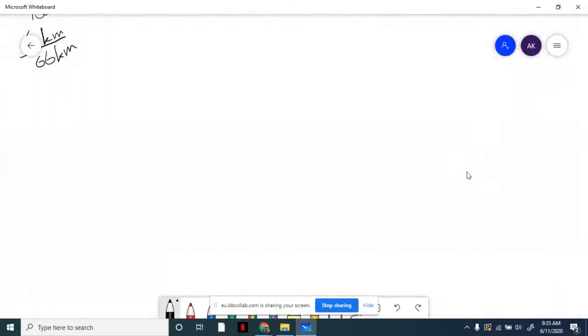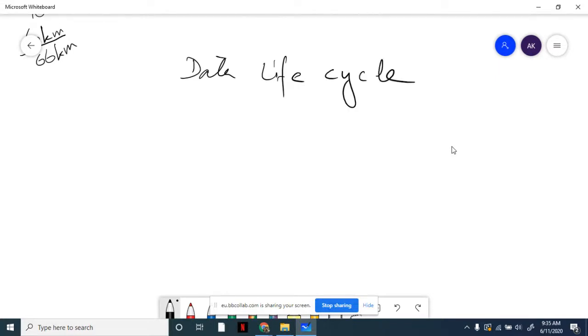So now what we have to see. पहले हम एक चीज देखते हैं, then we come back to data. Now we have to see the data life cycle. There is one thing which is called data life cycle. It means it's a cycle, and it would be something which is recurring again and again.